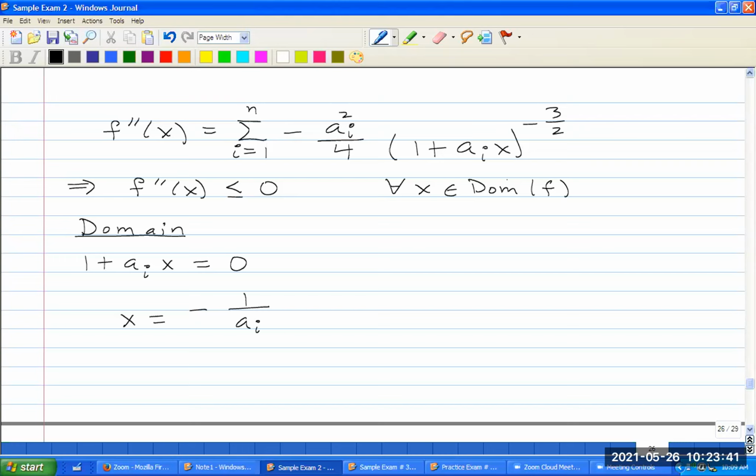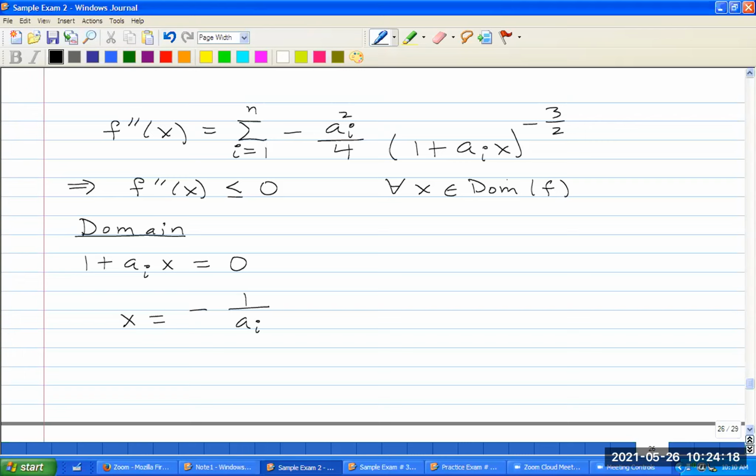So in this case, let's look at when the a sub i's are positive, in which case I want the smallest of these.